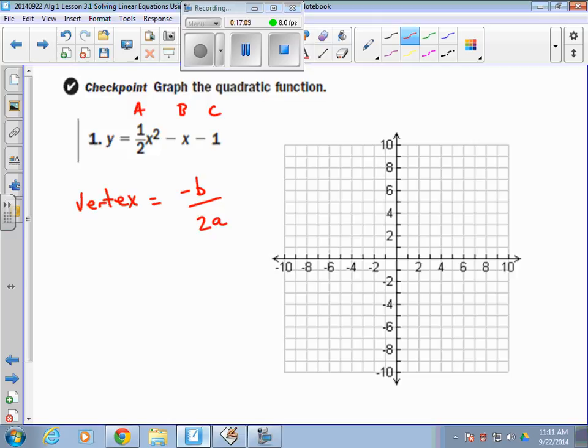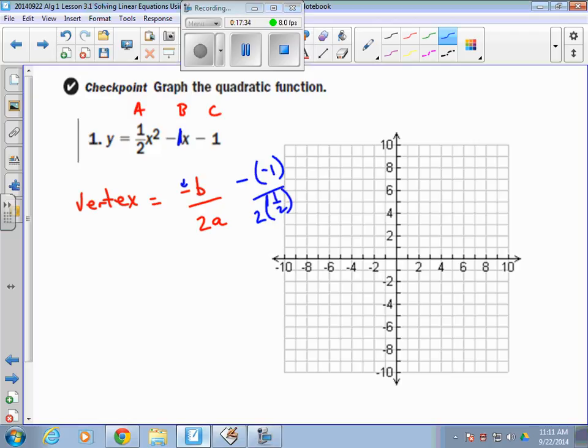So what is our value for b? It's not x. What's multiplying by x? Negative 1. So b's value is negative 1, over 2 times a. What is our a value? 1/2.